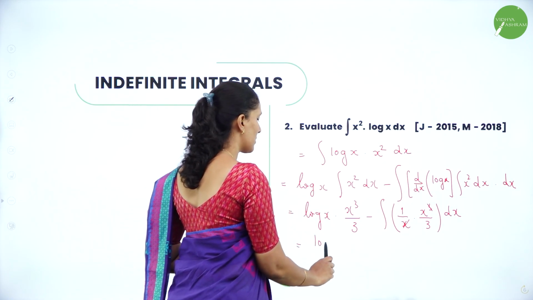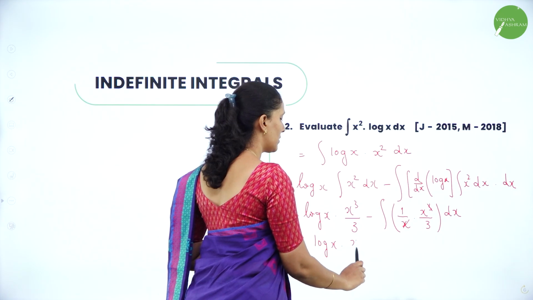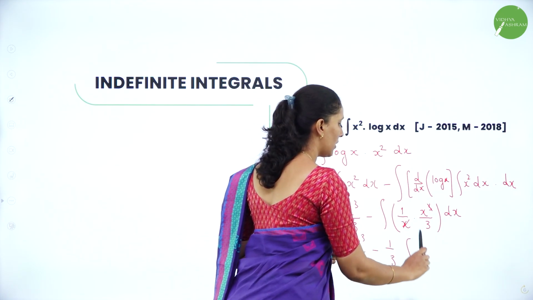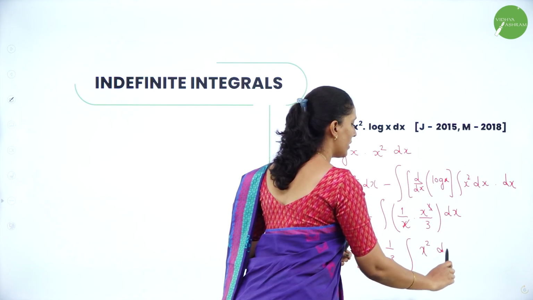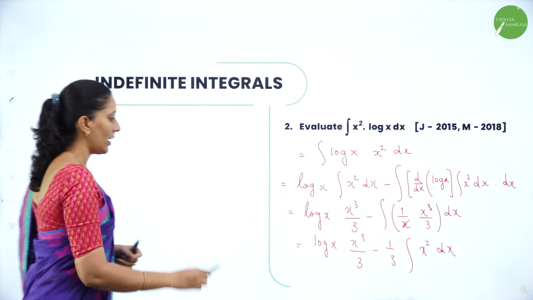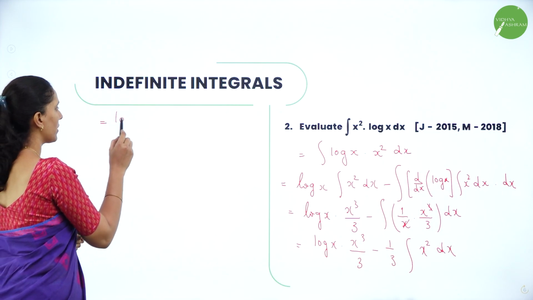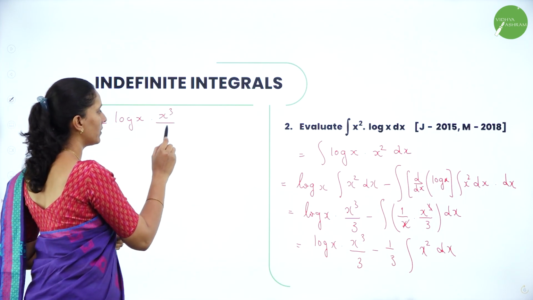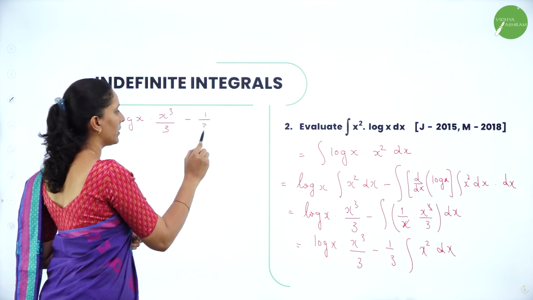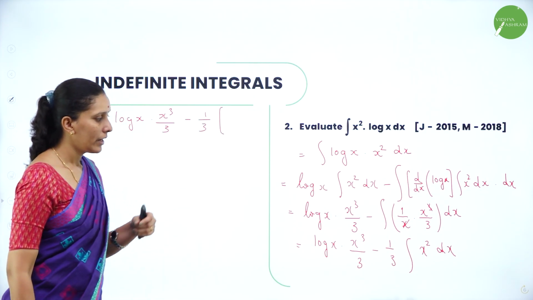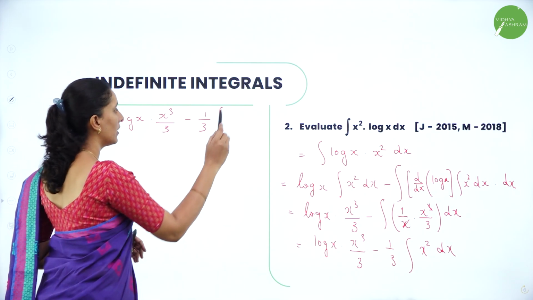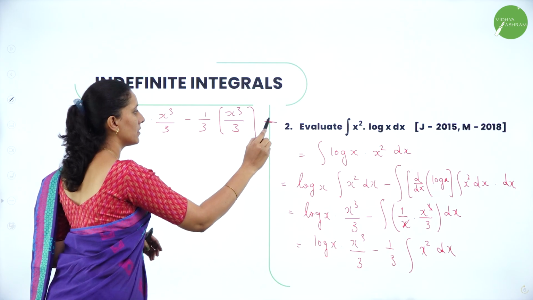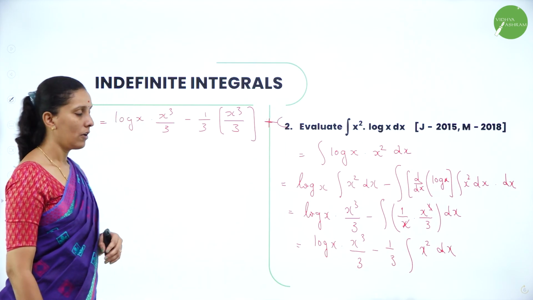So log x, x cube by 3, minus 1 by 3 integral of x square dx. So again we'll get log x into x cube by 3 minus 1 by 3, integral x square dx, that is x cube by 3, plus c as the integration constant.